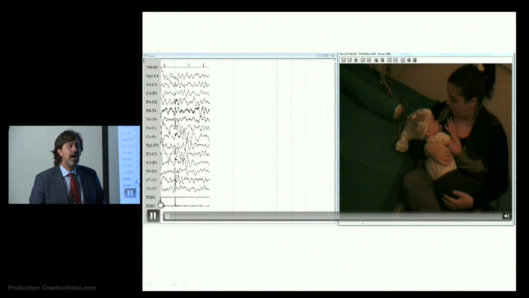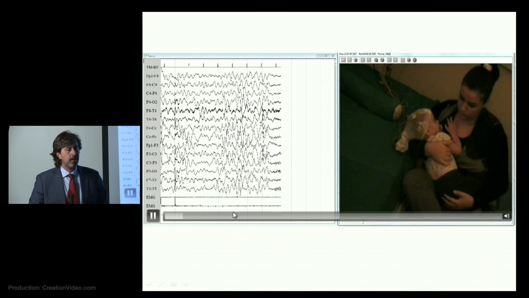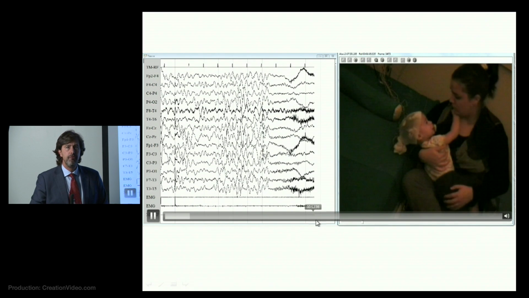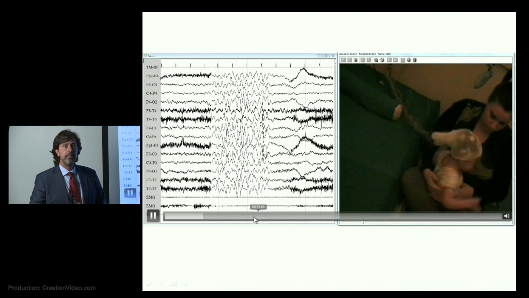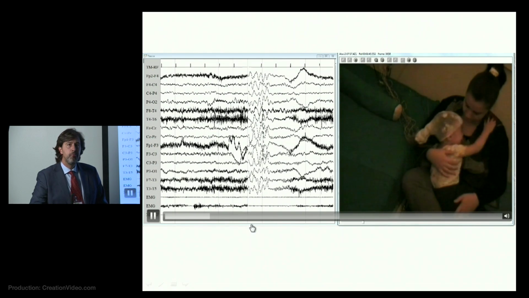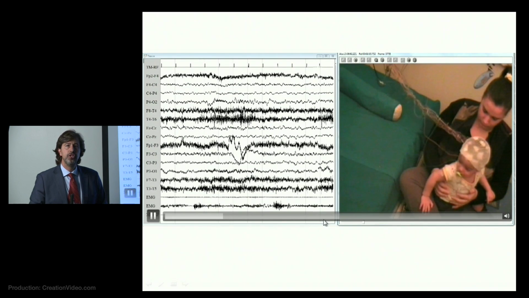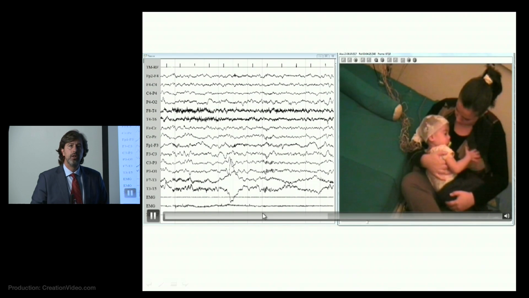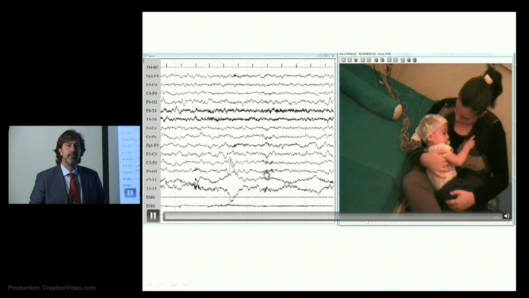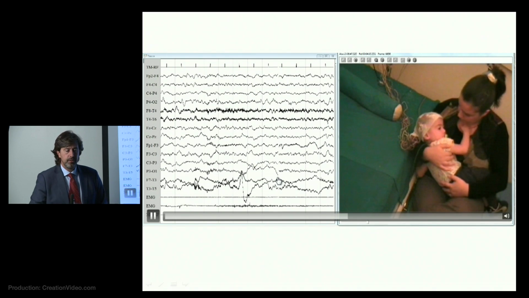Spasms tend to be isolated. There is no clear-cut slow wave on the EEG. Sometimes you have it, sometimes you don't, and sometimes they are very brief movements. And you can see here that the child is having this fast activity that is related to that very, very mild contraction.